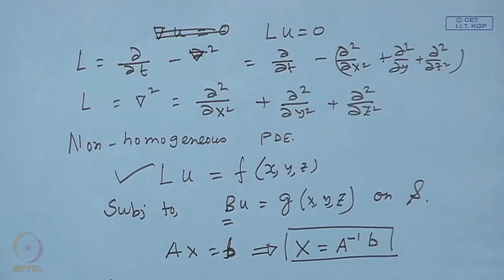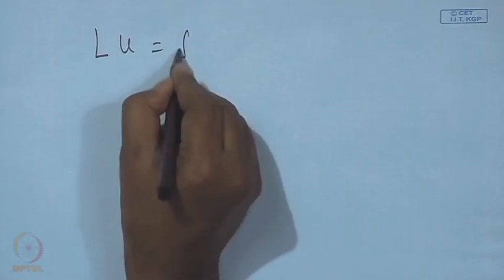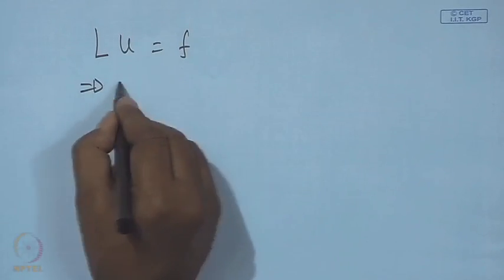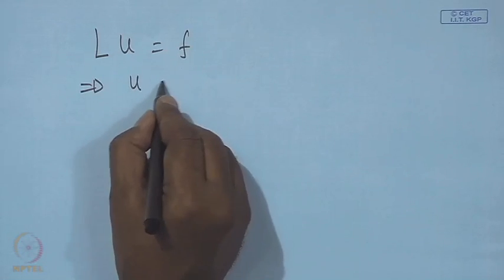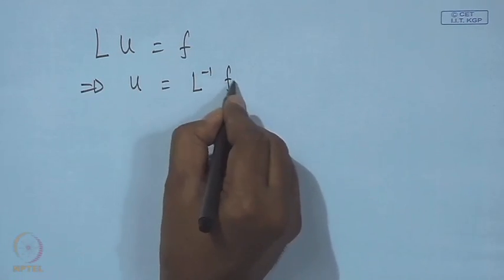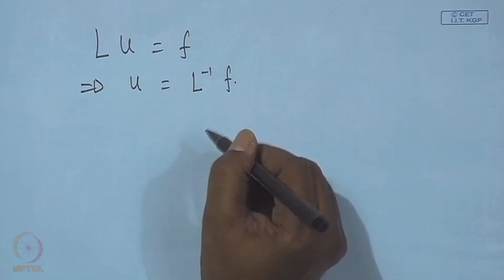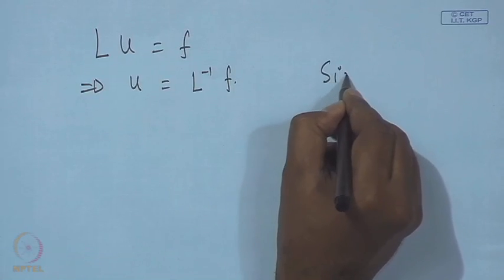So, similarly here, for the solution of L u is equal to f, you take an inverse operator, the solution u becomes L inverse f. So, it is similar to matrix inverse.